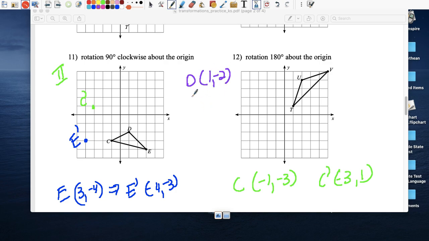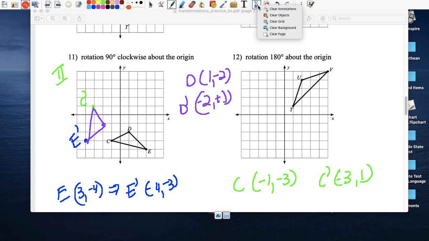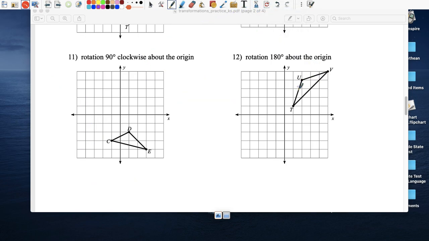It's going to go 1 quadrant over. It's going to switch the numbers. It's going to go from quadrant 4 back to quadrant 3, and in quadrant 3, everybody is negative. -2. And there is your triangle. Rotated clockwise 90 degrees.